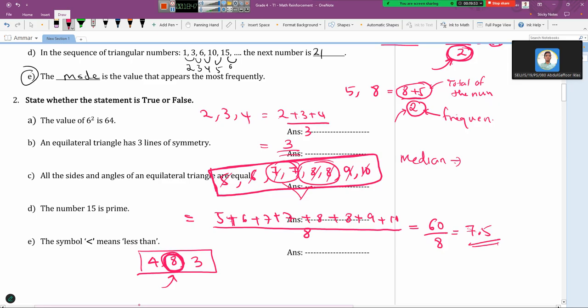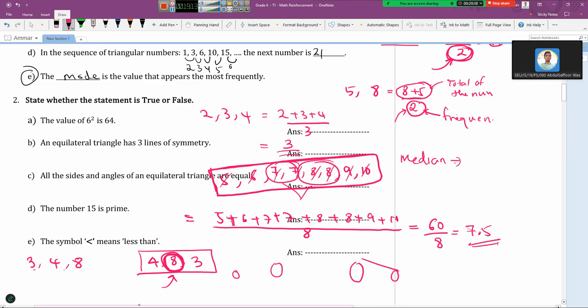Can you arrange the numbers in ascending order? Ascending order is from smallest to largest. Descending means from largest to smallest. So the ascending order of these numbers is 3, 4, 8.